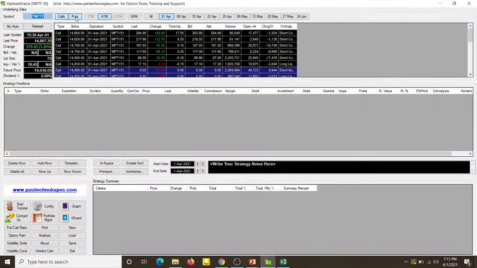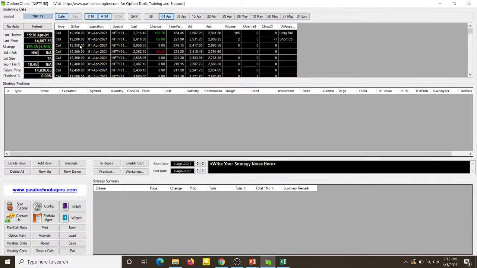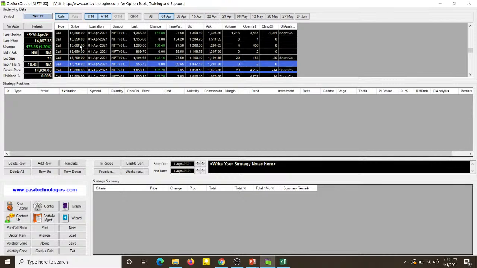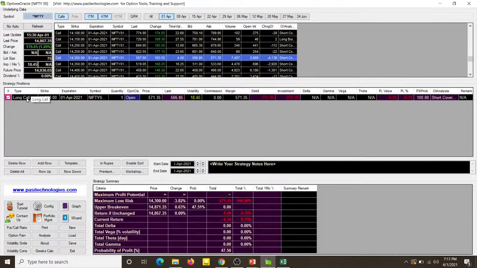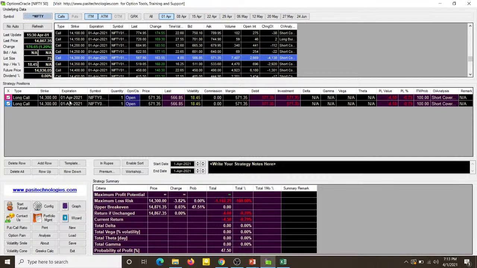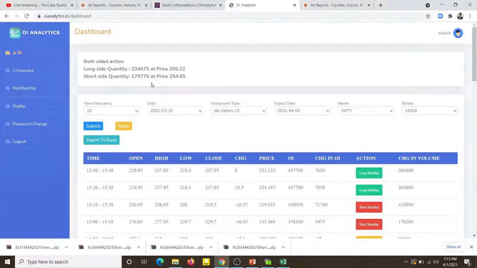Okay, so now I need calls and I need in the money as well. 14,300 call, right? This is what I'm going to update here, and also I'm going to add one more row of this. One more row because there are two-sided positions over here, right?